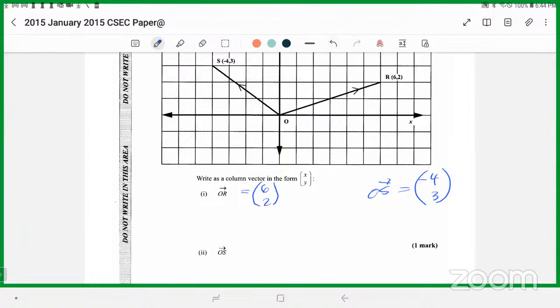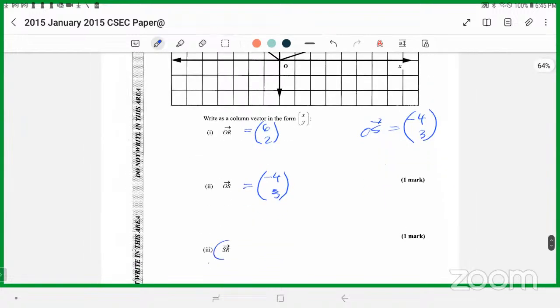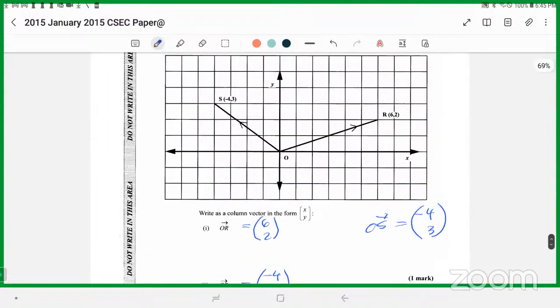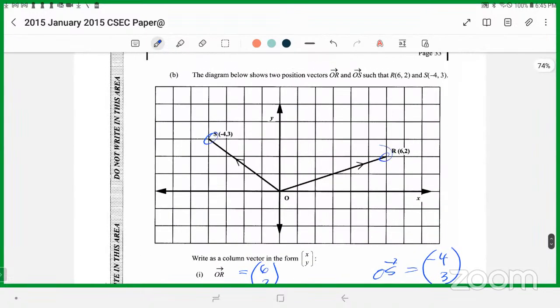And OS will be -4, 3, having the same coordinates as S. No calculation needed. Then I want SR. So SR, you can look at the diagram and actually see how you go from S to R. So how many units this way, and then 1 down, right?